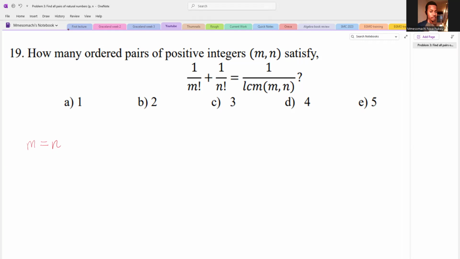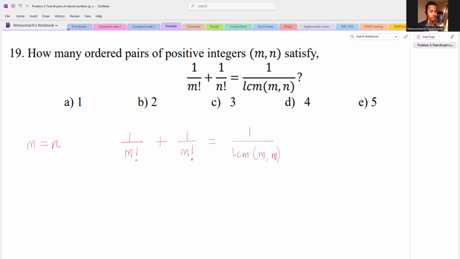If m is equal to n, we have 1 over m factorial plus 1 over n factorial, so let me put m here, plus 1 over m factorial equals 1 over the LCM of m and m.